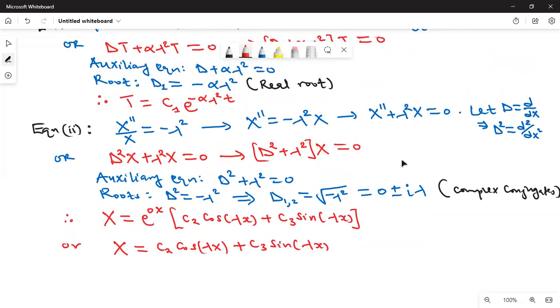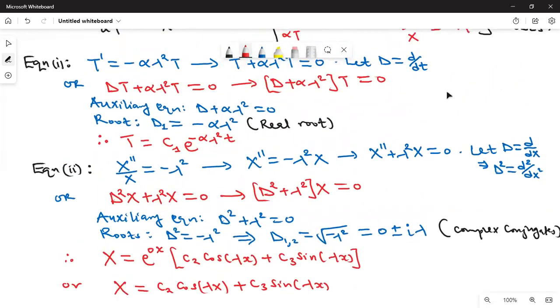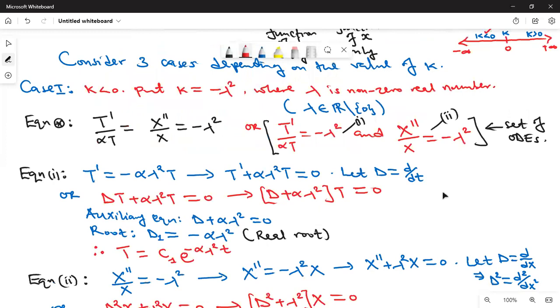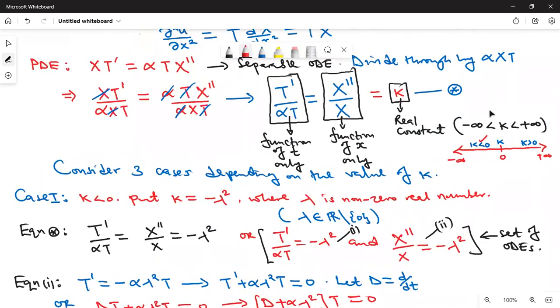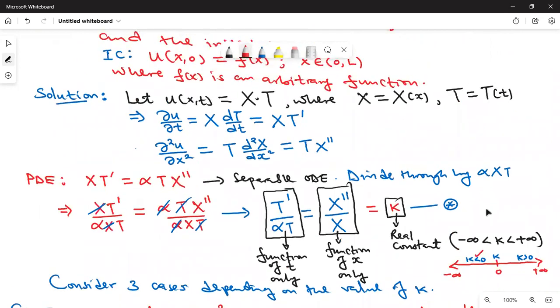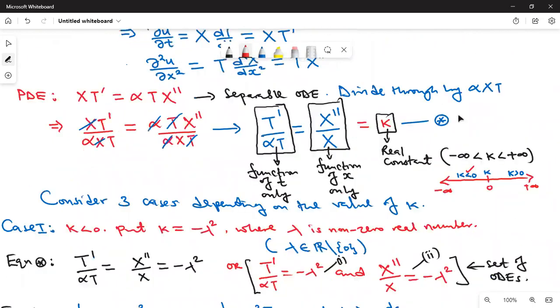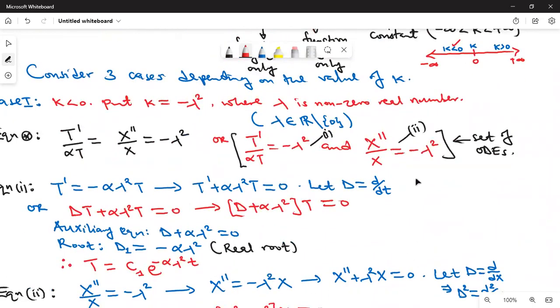Now we know x and we know t. We can now find our solution u of x, t, because we started by saying let u of x, t be equal to x times t. So this is our solution. We multiply the two to get our general solution.